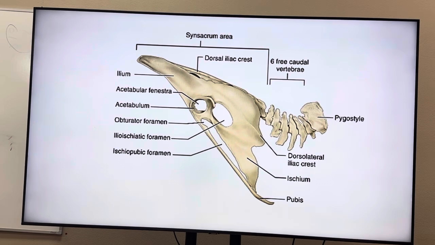In mammals, the hip bone is fused ventrally or dorsally? Are they fused dorsally or ventrally? Oh, okay. Yeah. They are fused ventrally, that is the pubic symphysis.